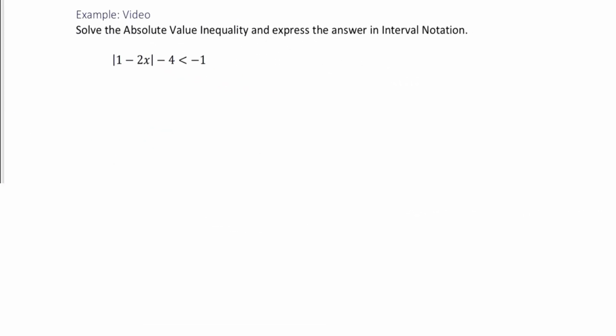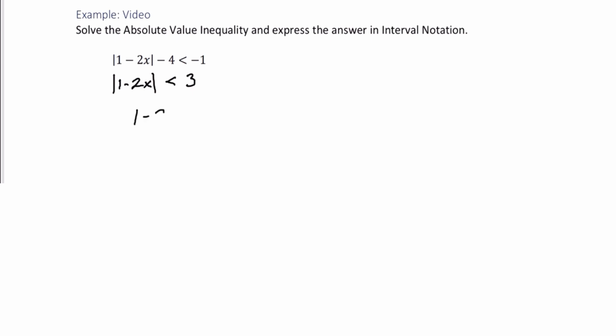Up next, we first need to isolate the absolute value bars. We can do that by adding 4 to both sides. After you isolate the bars, look at the direction of the symbol and then make sure that this number is a positive value. When it is less than a positive value, then we create a compound inequality.